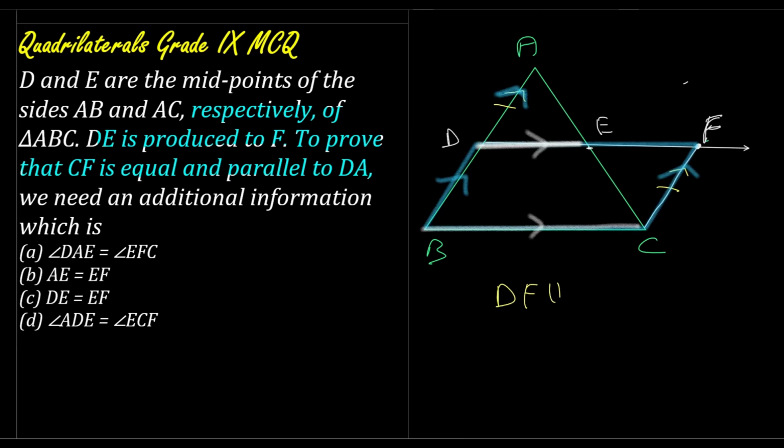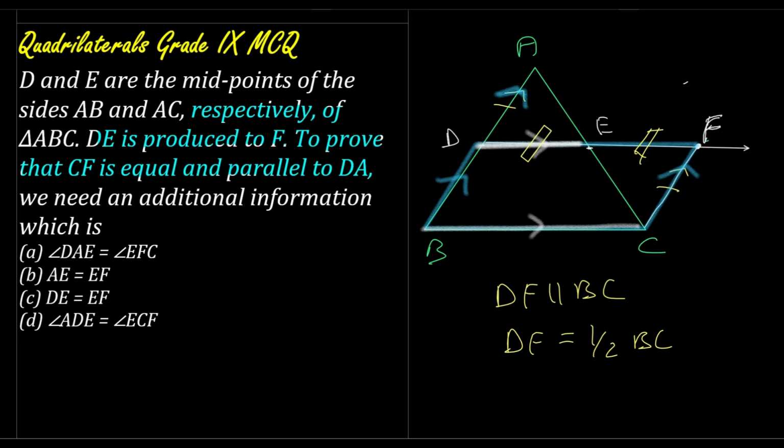So DF is parallel to BC, but then DF is not equal to BC, right? In fact, DF is half of BC, but I need to prove this equal to BC, and that is only possible if we know that these two are equal, right?